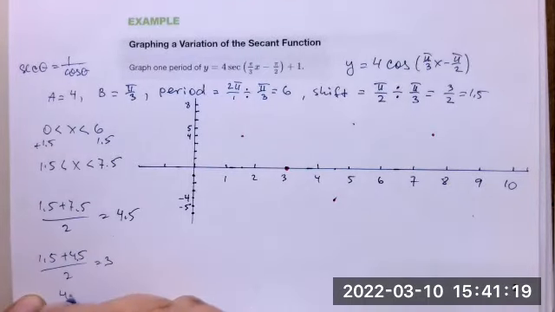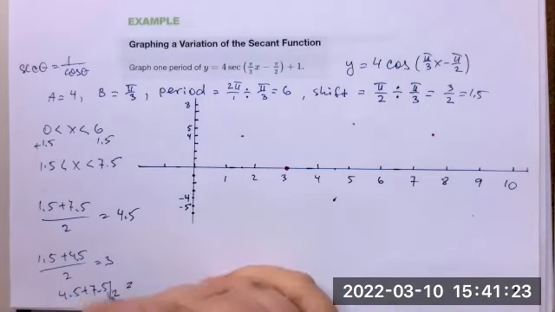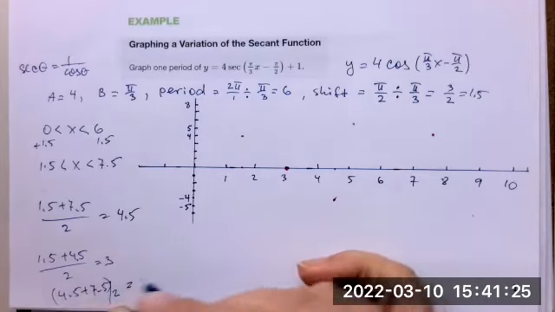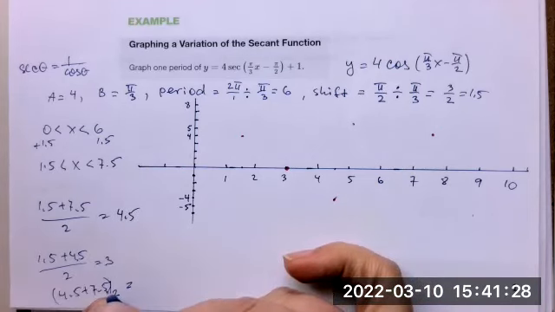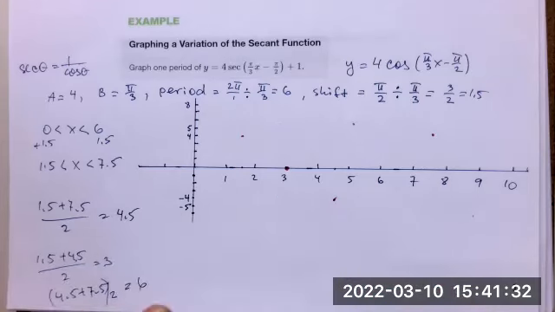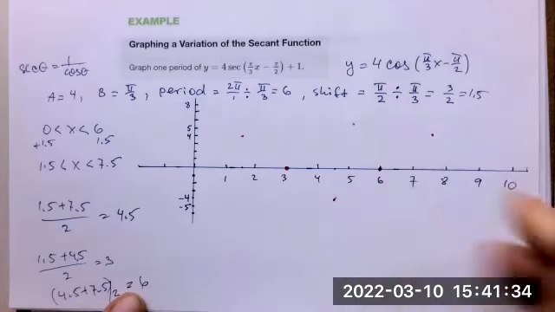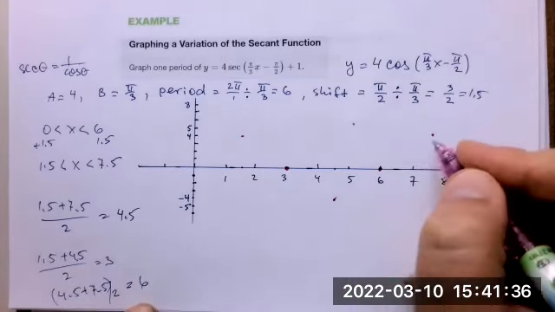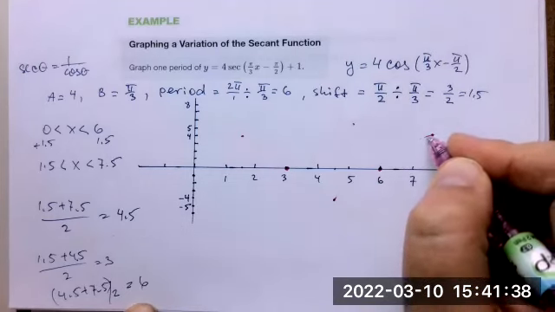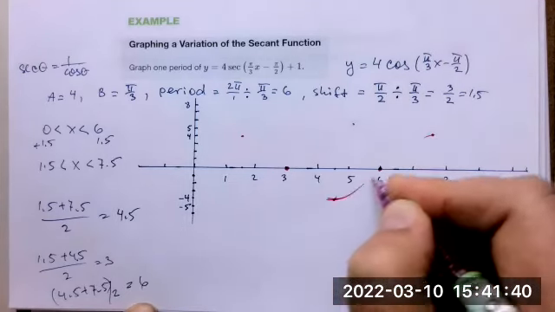So we have 4.5 plus 7.5 divided by 2. 12 divided by 2, 6.